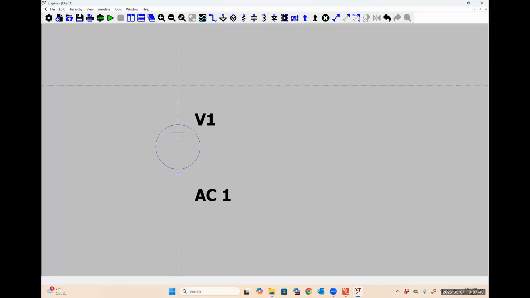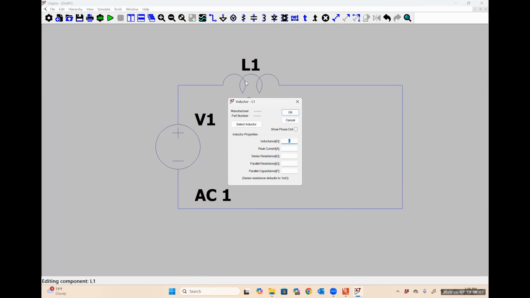Now I'm just going to set up my filter circuit. So I'm going to put my inductor up here. And I believe we said this was 700 something.